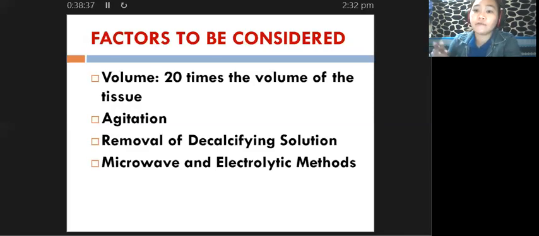And we have two additional methods which require your acids plus an additional material or equipment: ion exchange resin and electrophoresis. You cannot carry out ion exchange resin and electrophoresis without also using your acid decalcifying solutions. So that's four.